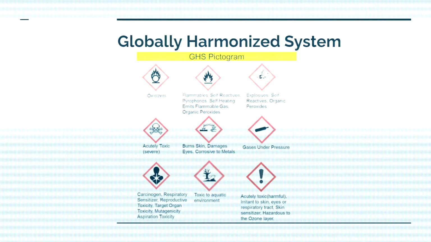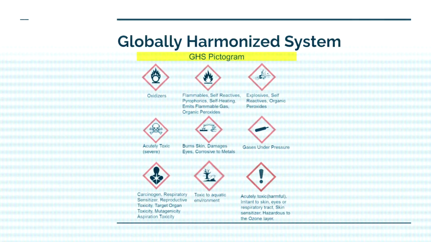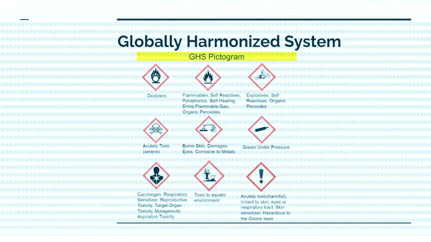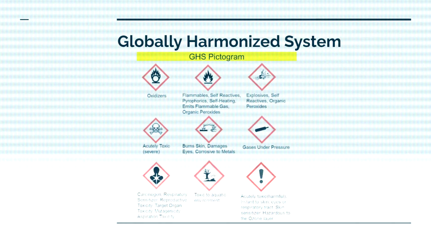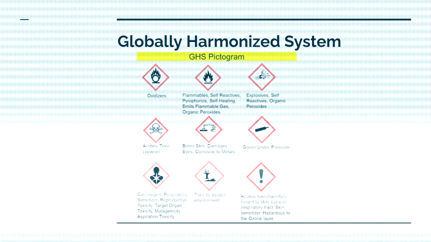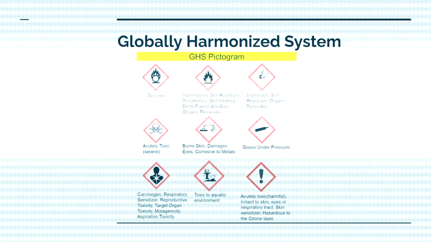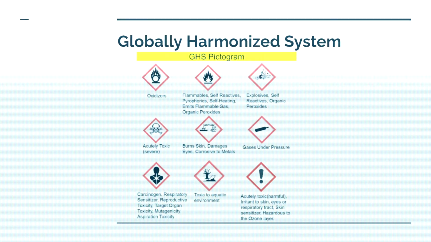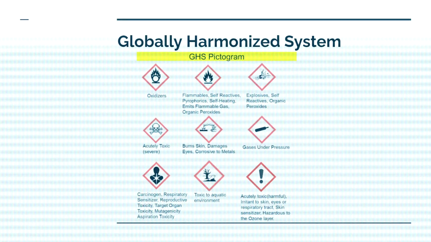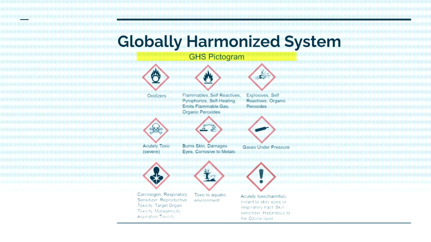The 9 pictograms are as follows: oxidizers, flammables, self-reactives, pyrophorics, self-heating, emits flammable gas, organic peroxides. Explosive, self-reactive, organic peroxides. Severe acute toxicity. Burns skin, damages eyes, corrosive to metals.